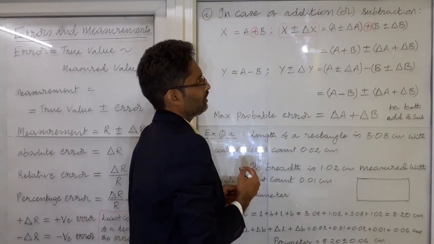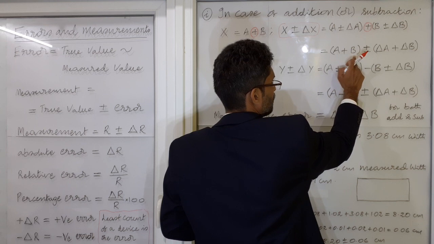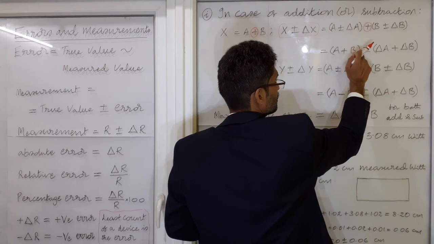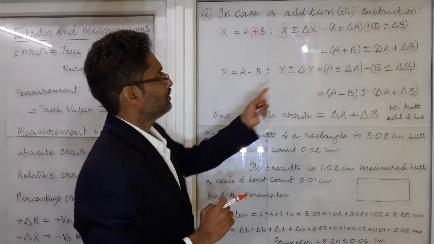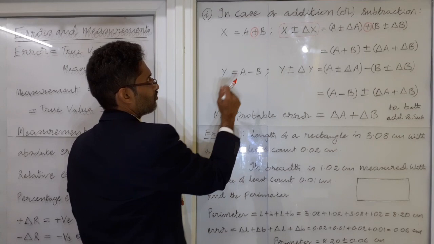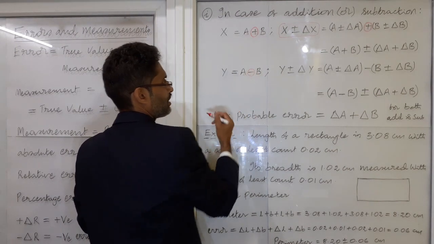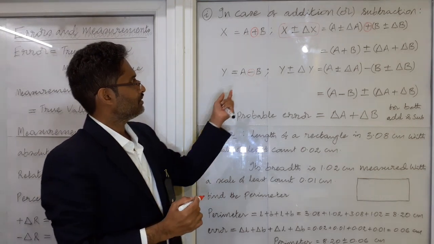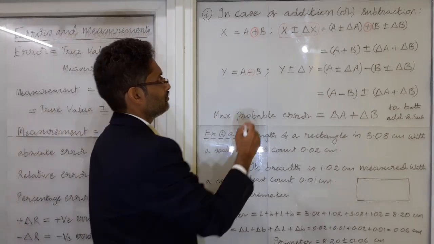Now if I simplify this, the true value must be a plus b, there is no change in that, plus or minus delta a plus delta b, right? That we call the error part. Now I take another quantity y, which is the difference between a and b. So y is determined by a minus b. Then what is the final measurement?